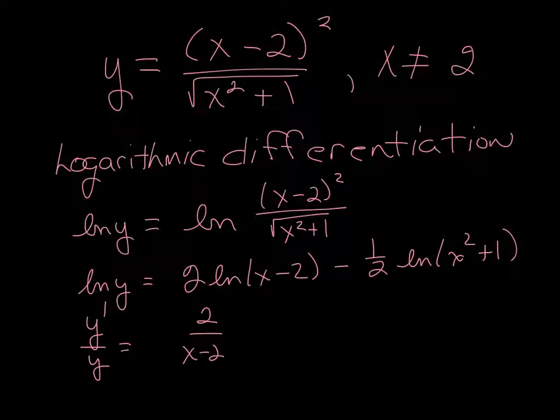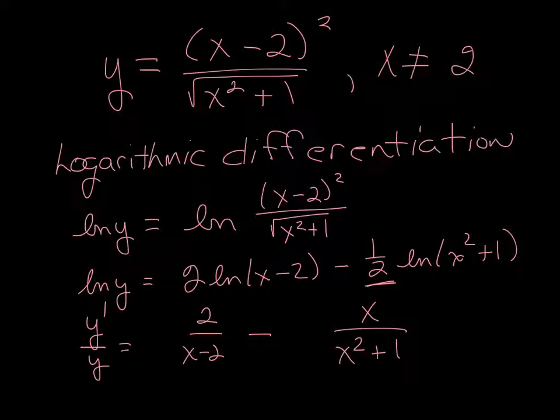Should the second one be to the 1/2 power? There it is. It's 1/2 minus 1, so it's negative 1/2 power. No, when you subtracted, you took care of that. Okay, we're going to have 1/2 of 2x over x squared plus 1.